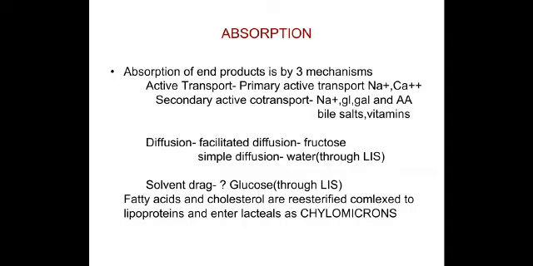Diffusion can be facilitated diffusion for fructose and simple diffusion of water. There is also solvent drag, which is mainly assisted by glucose. Fatty acids and cholesterol are re-esterified, complexed to lipoproteins and enter the lacteals as chylomicrons.